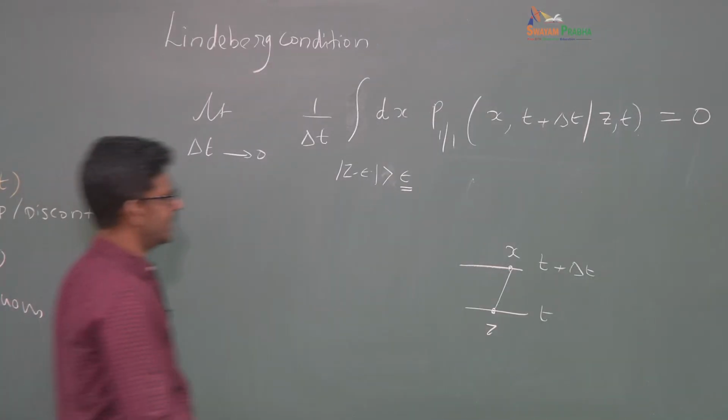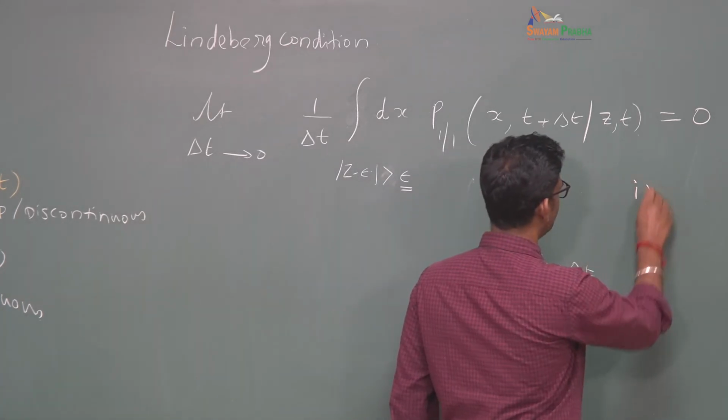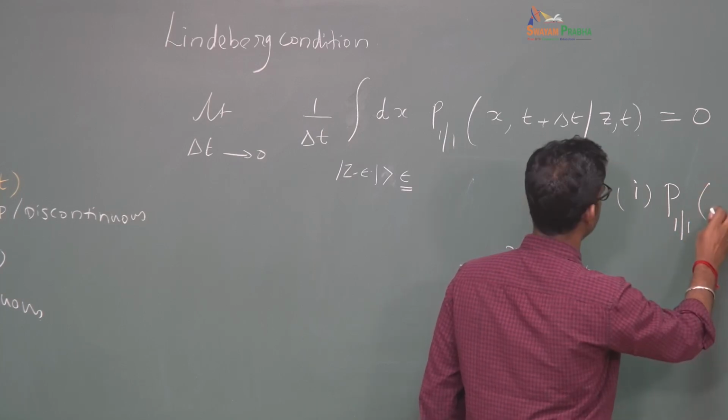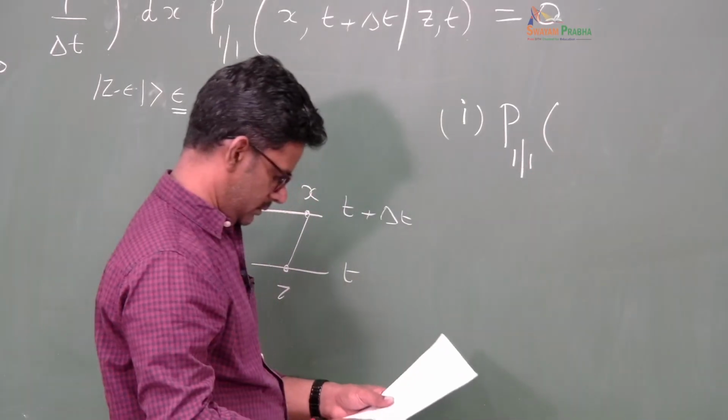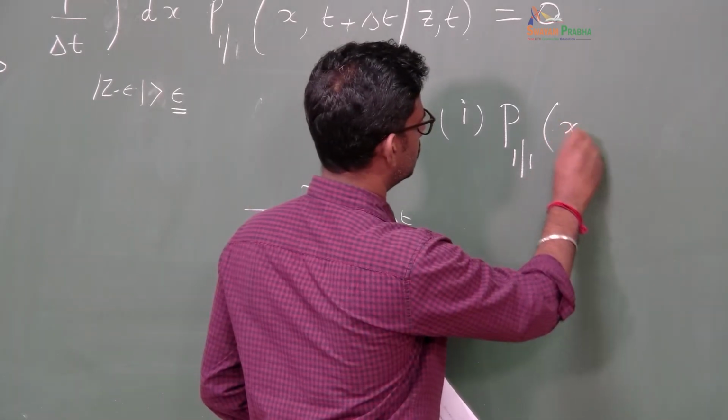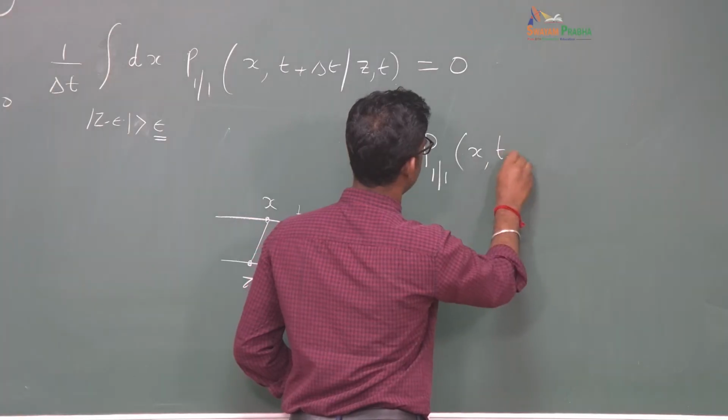So I can give one example where it satisfies and another example where it does not satisfy. Suppose I have x at t plus delta t.